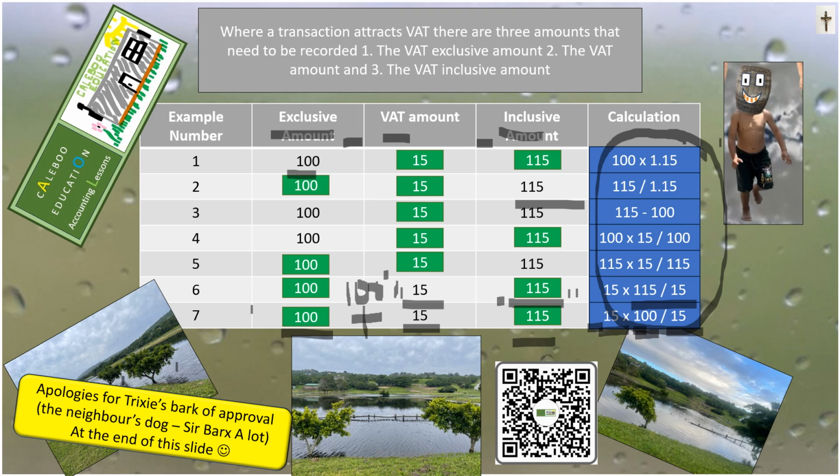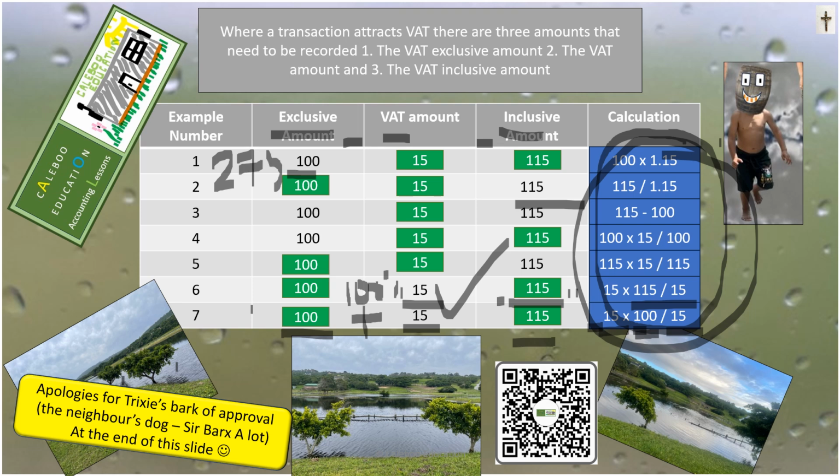And using these calculations, we completed this table. Now in the next slide, I'm going to use, let's say for example, the exclusive amount is 275. I'm going to use real numbers, not 100 as my base, in order to calculate the VAT amount and the inclusive amounts.